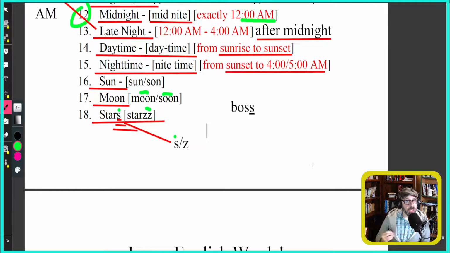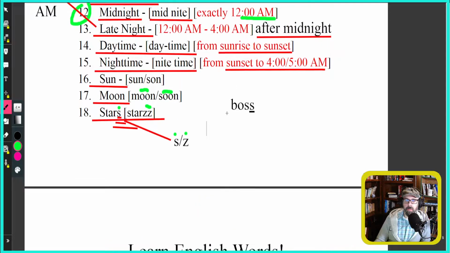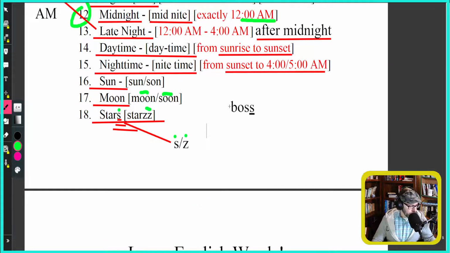Stars has more of a Z sound, okay? So number 18, stars. All right. Good job. So that is listening, having a chance to read, and then a chance to write.